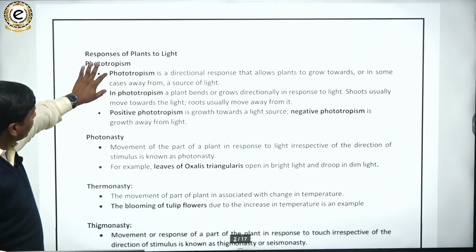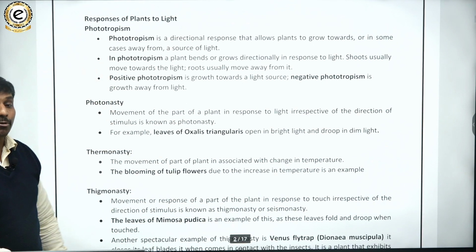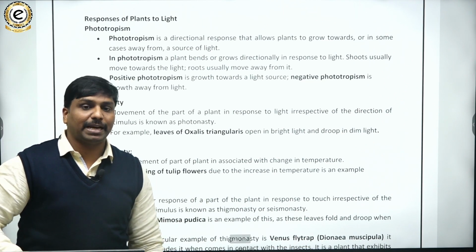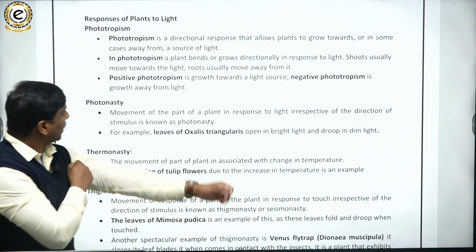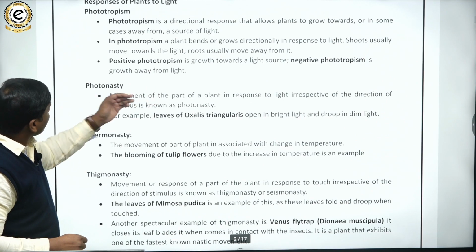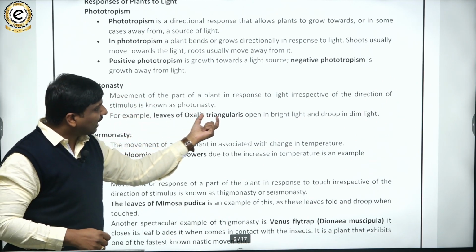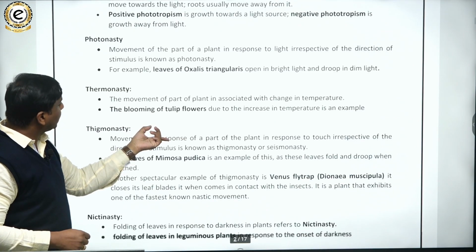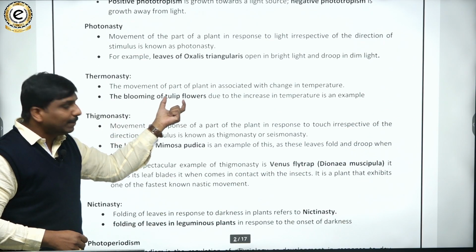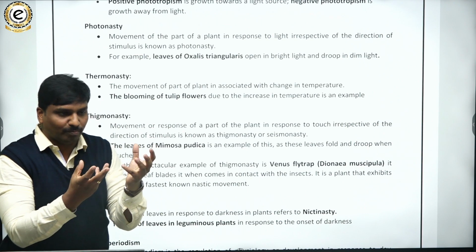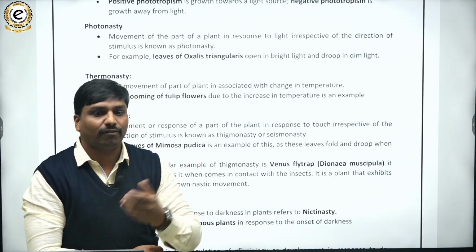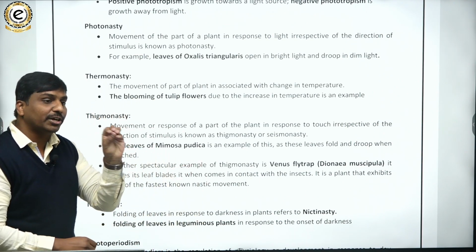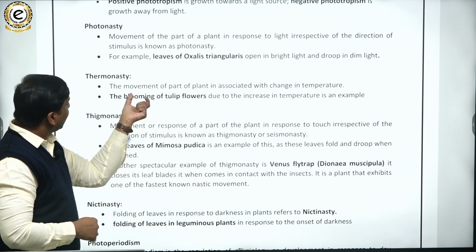And then we were reading the responses of the plants to various physical things. Can you see, in photonasty, the leaves of Oxalis triangularis. This is one example you can pick. And thermonasty, blooming of tulip flowers. Tulip flowers will bloom when sunlight falls and when sufficient temperature is present. That is a kind of response.